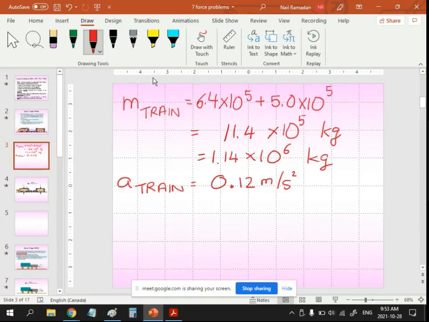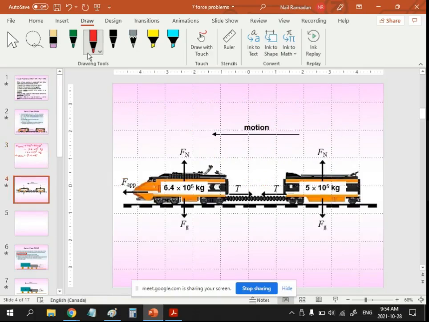The direction is still what? West. By the way, we're going to do a motion direction on the diagram, and we're going to make it positive. So just leave it like that. What's Newton's second law? The actual equation itself. F net equals mass times acceleration. Done. Go ahead. F net. Oops, sorry.